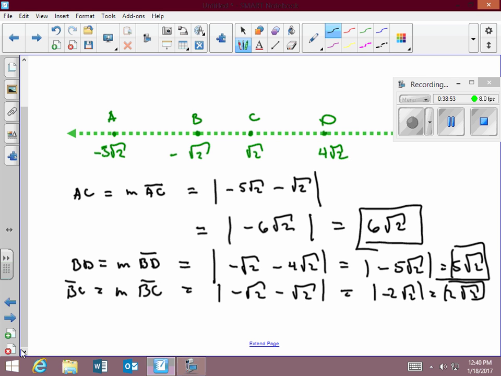And the last one is AD. So it's the measure of AD. So it's minus 5 square roots of 2, and then minus 4 square roots of 2.